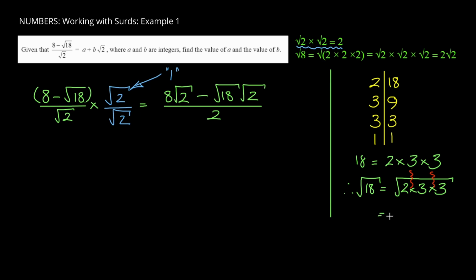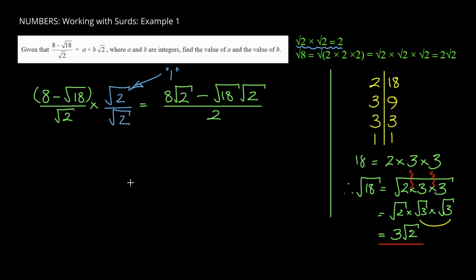So this is equal to the square root of 2 multiplied by the square root of 3 multiplied by the square root of 3. Happily, we've got a pair. Root 3 times root 3, using our rule or a variation of our rule, this is simply equal to 3. So the square root of 18 equals 3 root 2. Now that is exactly what we wanted because we've got a result in terms of root 2.